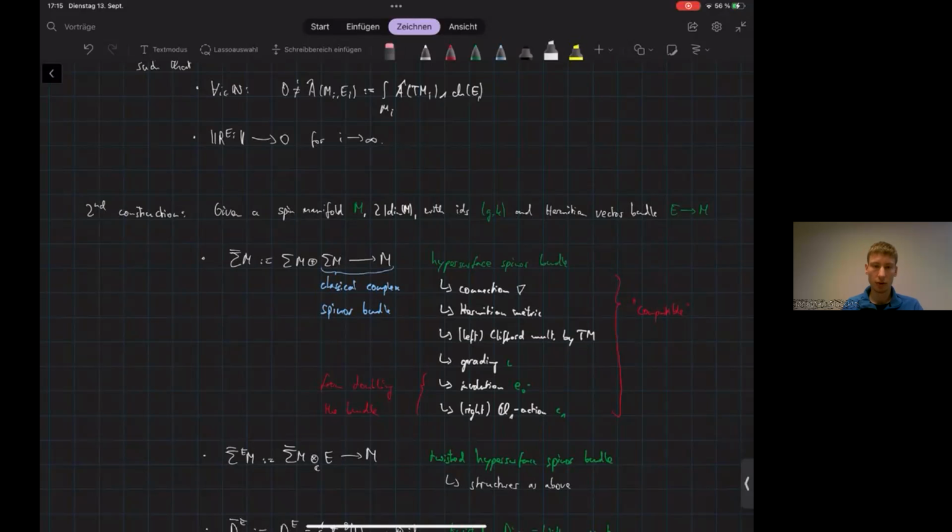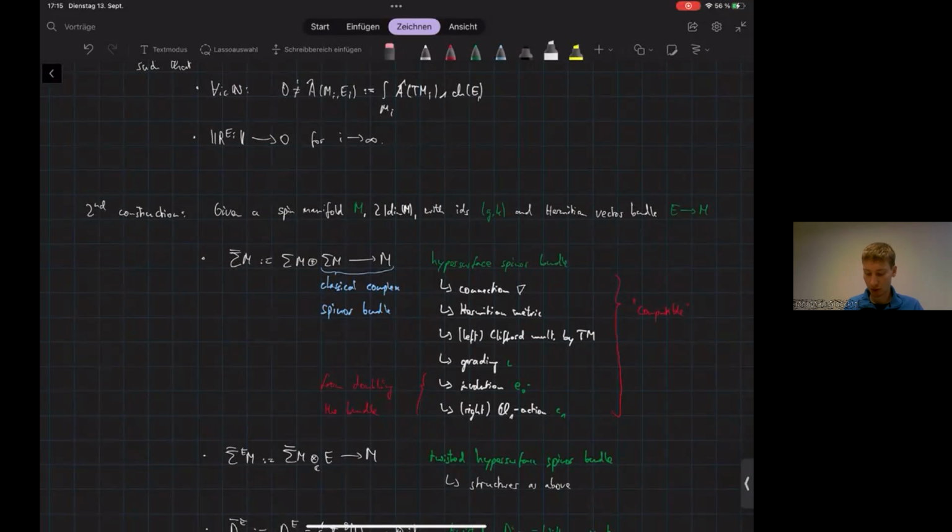And then we can construct what I call a hypersurface spinor bundle. For this, we just take the classical complex spinor bundle, sigma M over M, and we double it. When we double it, certain things will happen that I explain in a minute. But first, let's state that this classical spinor bundle contains a lot of structures.